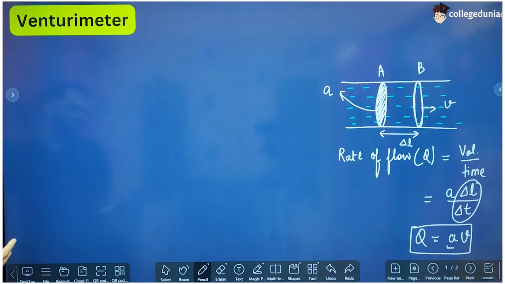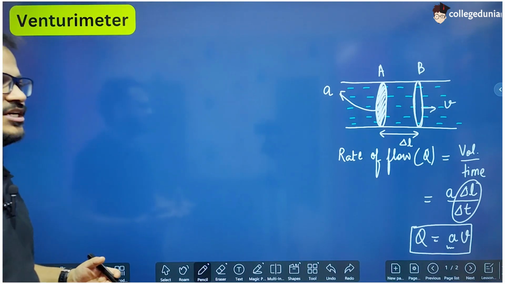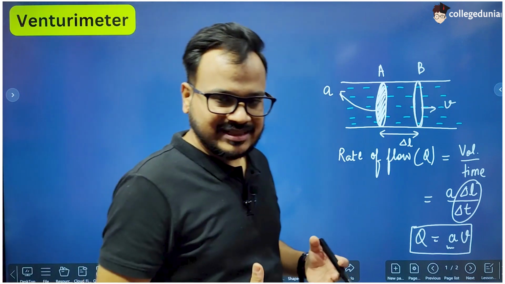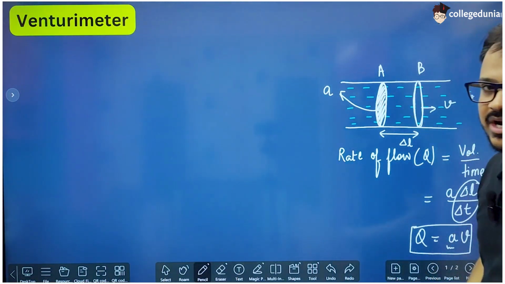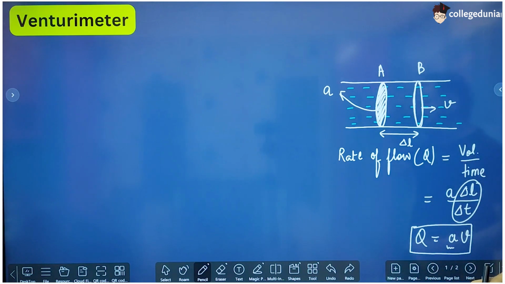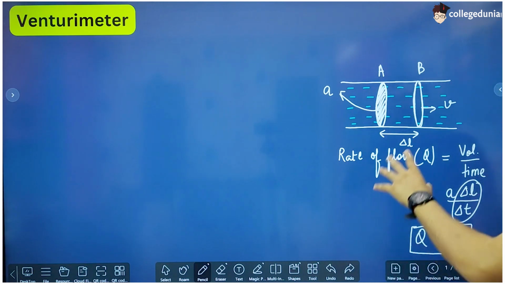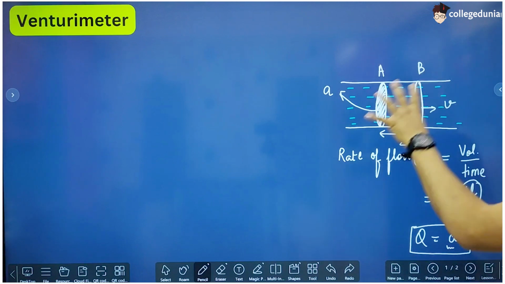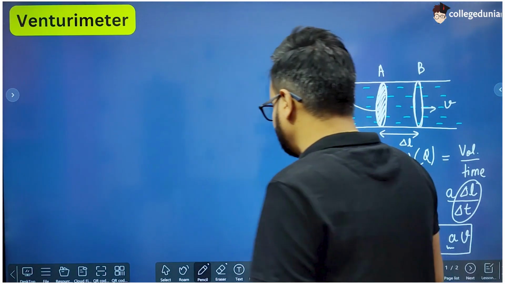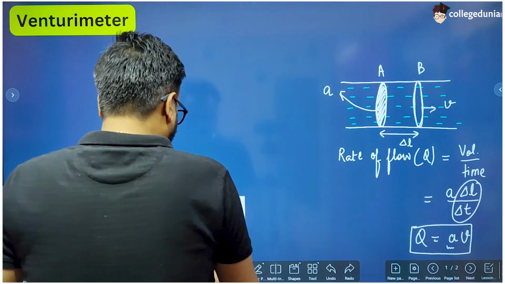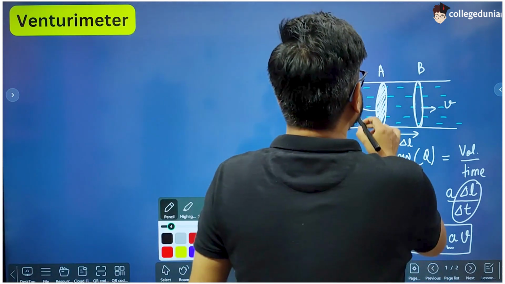How to find the rate of flow? If we want to practically measure the rate of flow of a liquid, then we use this device which is called Venturimeter. But to understand the working of Venturimeter, first we had to know all these formulae, and there is one more formula which we will use to explain the working of Venturimeter.